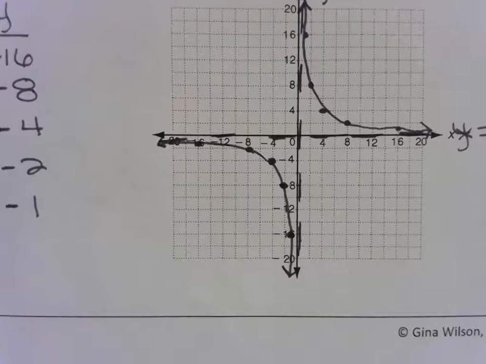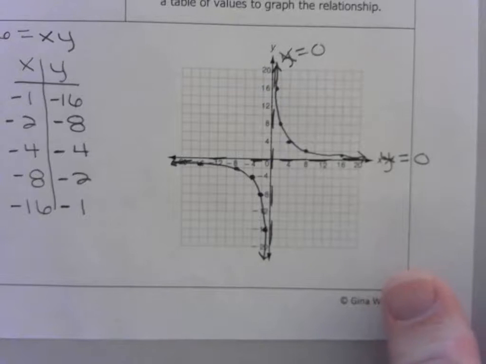Go back and look at your notes. If I had y equals 2x, or y equals 4x, or y equals 5x, the graph was always a what? Straight line. So for a direct, your graphs are straight lines. For inverses, they're going to be these weird curves. Okay? Let's look at one more graph, and then we're going to have you start your homework. What's so weird about it? Well, it's just we haven't graphed anything like this.